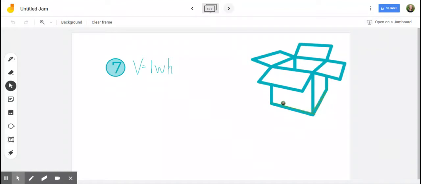Oops, you can't really see that. The length. There we go. The length of the box, the width of the box, and the height of the box. Okay, and then you can figure out how much would this hold. What's the volume?